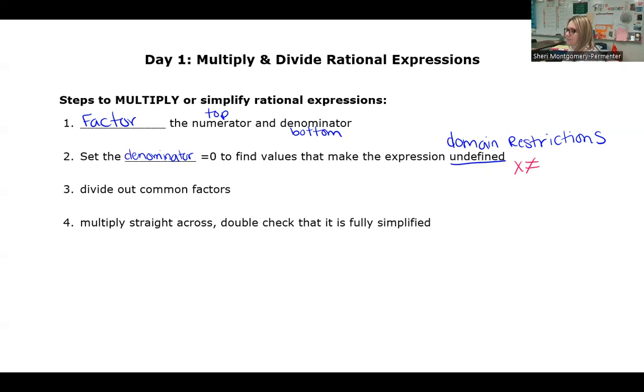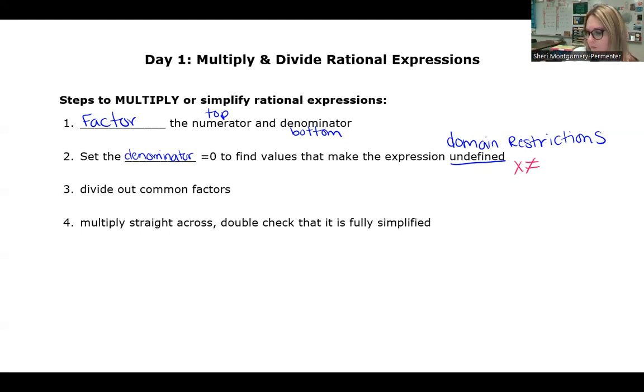What does it tell you? Because we can't divide by 0, they're undefined. They're domain restrictions. That's why we're doing this.